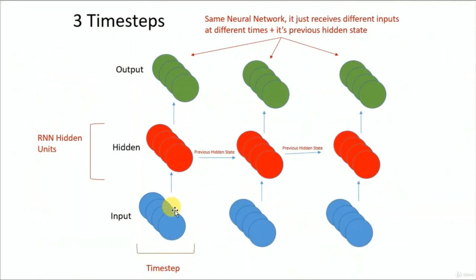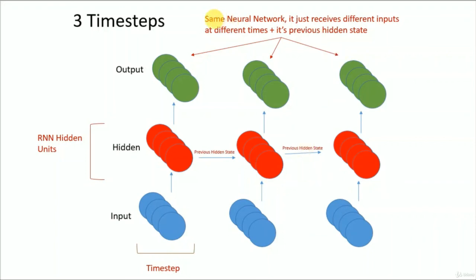You have this input, you pass it through your hidden layer, and the output of this hidden layer gets passed to the next neural network, or the next time step. So this neural network receives this previous hidden state and this new input, and so on.